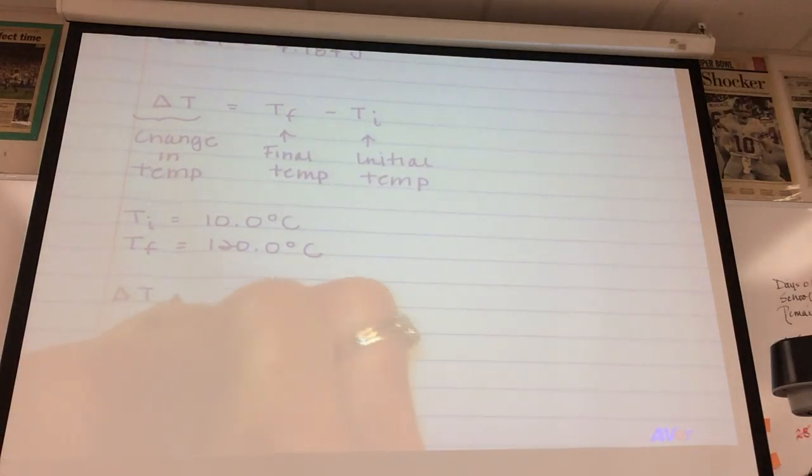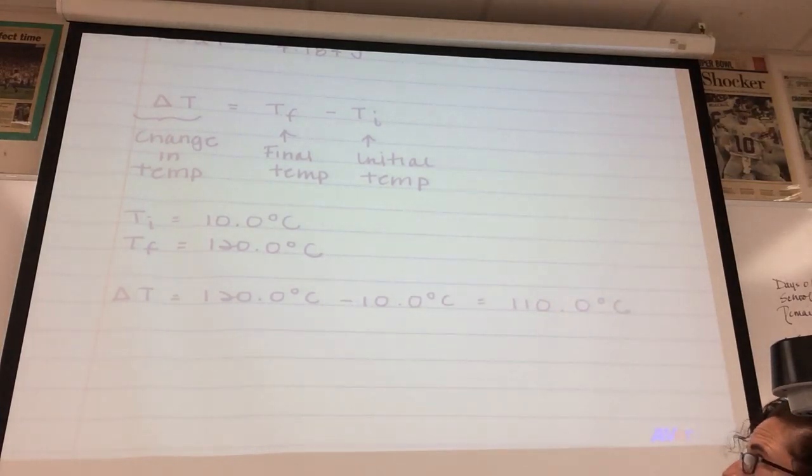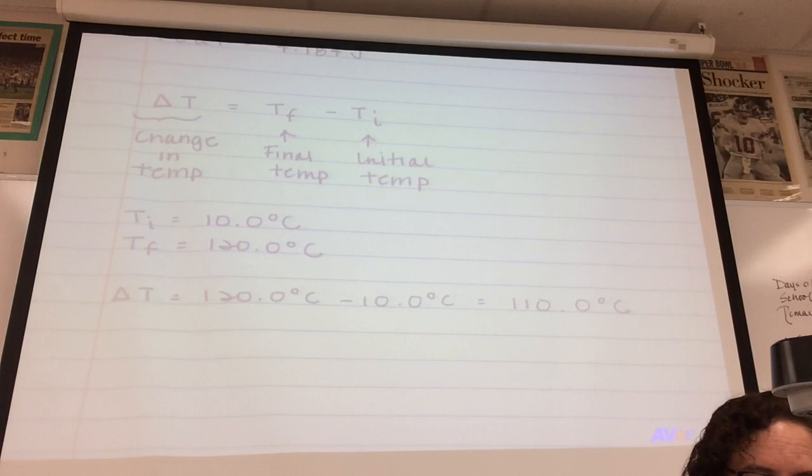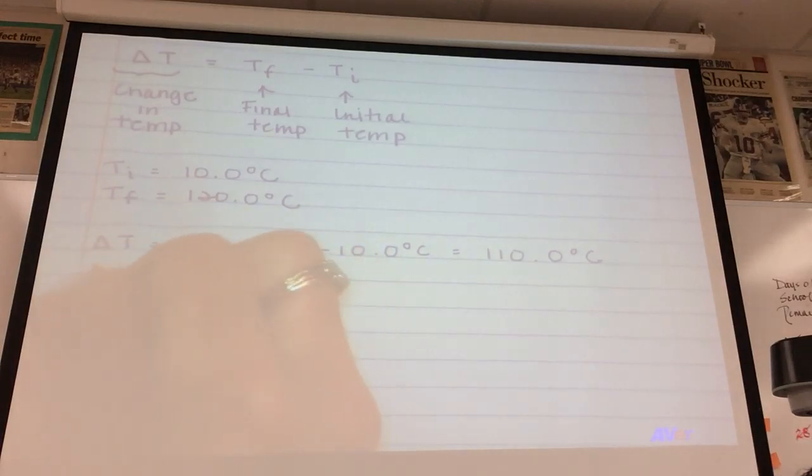The change in temperature would be 120 degrees Celsius minus 10 degrees Celsius, and that's equal to 110 degrees Celsius. And the change in temperature can be done in degrees Celsius, because even if you did it in Kelvin, you'd get the same value.